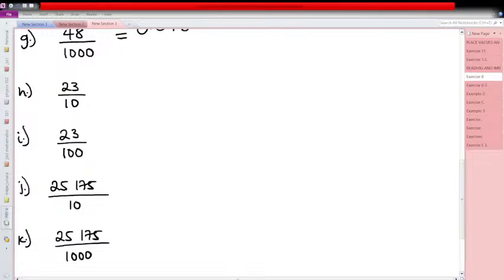You are dividing 23 by 10. You can use the method I taught you on how to move the decimal point, which means you are moving the decimal point once to your left. So it ought to give you 2.3.